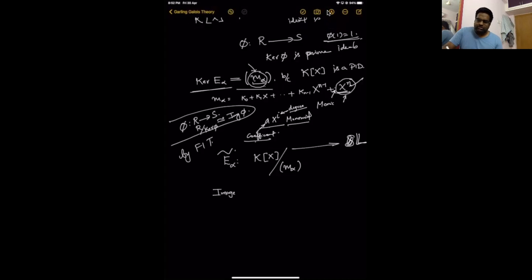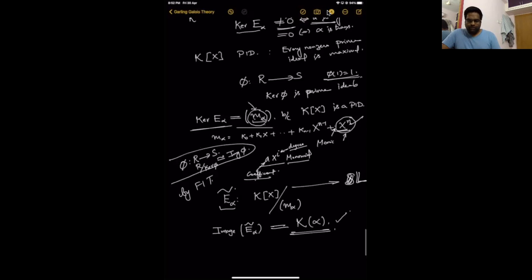The same thing applies here, because a field is a particular type of ring, so we can apply the first isomorphism theorem, and let us call that map E alpha tilde, and the image of E alpha tilde is K of alpha. Okay, so we will show this in the next class, and we'll continue from there.